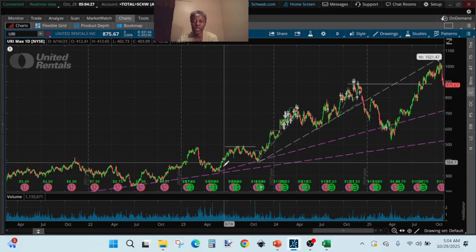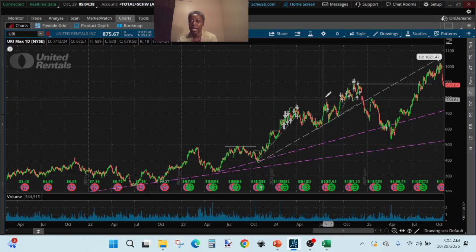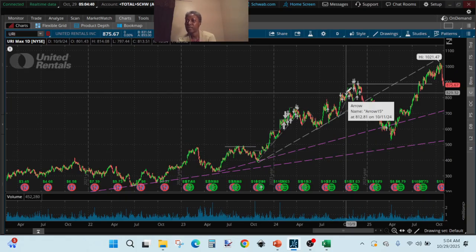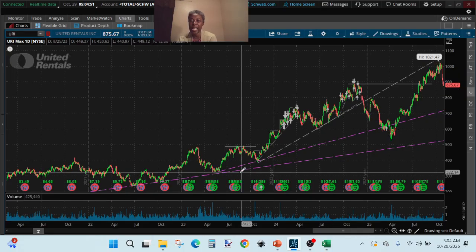So if you purchase it after three higher lows or so at 436, for instance, and you sold it at, is it 600? It's a little bit small for me to see. It will be more like around 838.